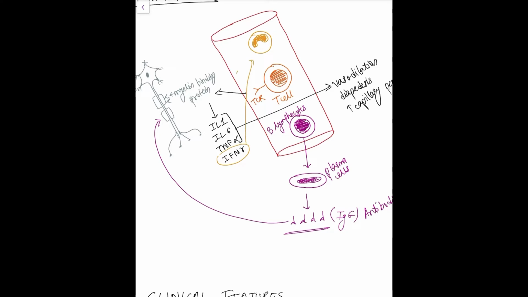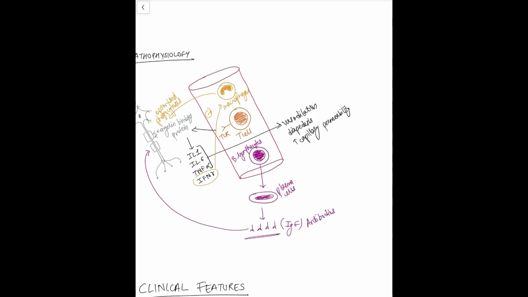Once they cross the blood-brain barrier, they will recognize the oligodendrocytes which the antibodies have bound to. They will see the opsonized oligodendrocytes and attack them, causing phagocytosis and destruction of the axon. That's the basic pathophysiology. We don't know the exact mechanism behind it, but we assume that it is because of molecular mimicry.